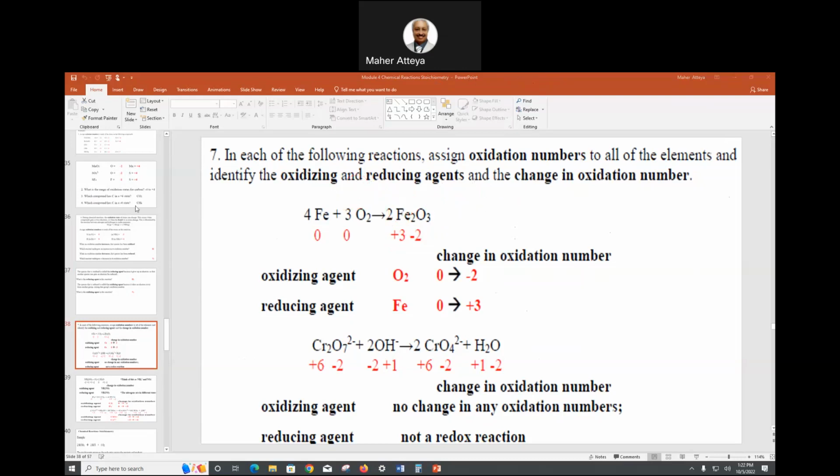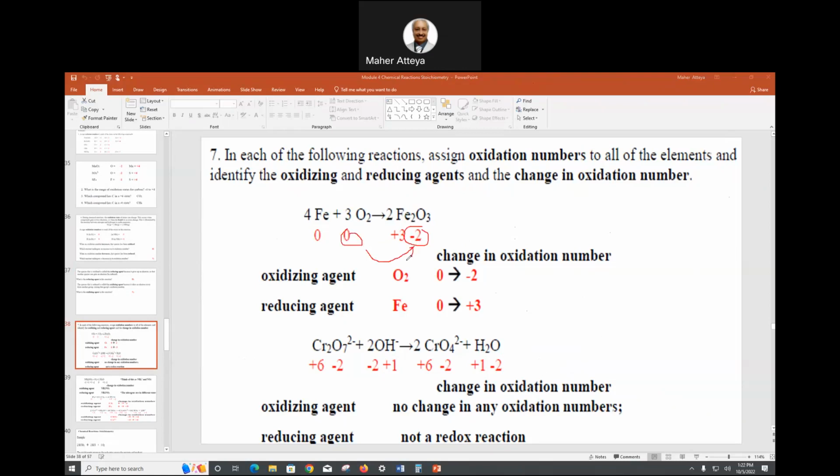Now look at this and tell me which is going where, although the answer is here, but we want to know. Oxygen goes from 0 to minus 2. Is this reduction or oxidation? From 0, guys, come on. Reduction, that's minus.